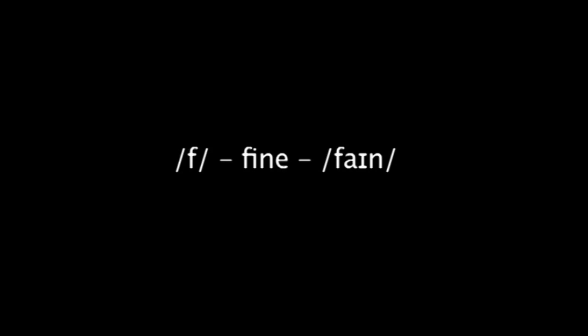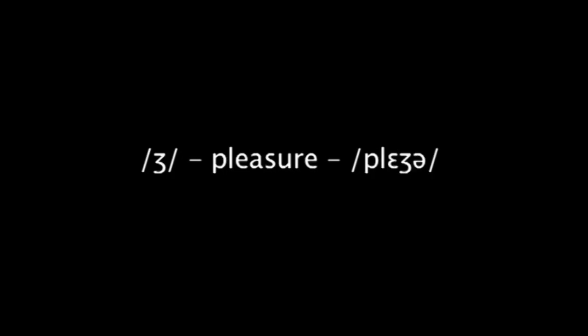Then we have F as in fine, V as in van, Th as in thin, the as in then, s as in sip, z as in zip, sh as in ship, j as in pleasure. This is another sound which does not come initially.